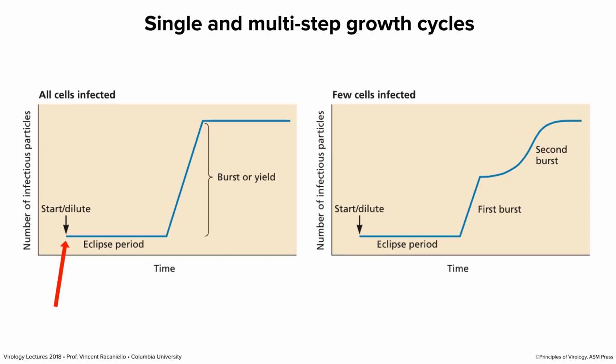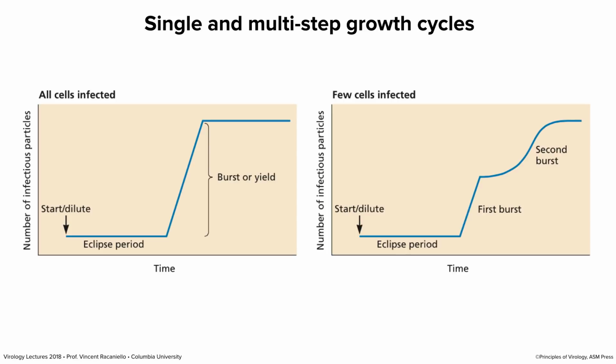And then we're looking at infectious viruses produced over time. And remember, there's an eclipse period. In the eclipse period, nothing seems to be happening in terms of the number of infectious particles produced. But in the cell, the genome has come out of the virus particle, and mRNAs are being produced, proteins are being produced, and eventually virus particles will be assembled.